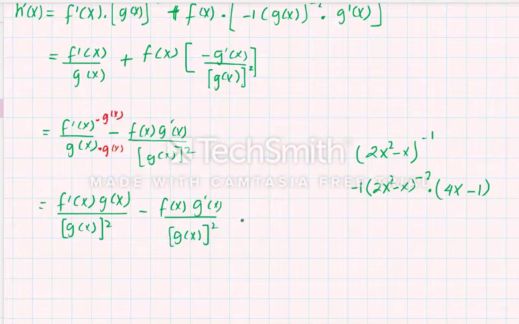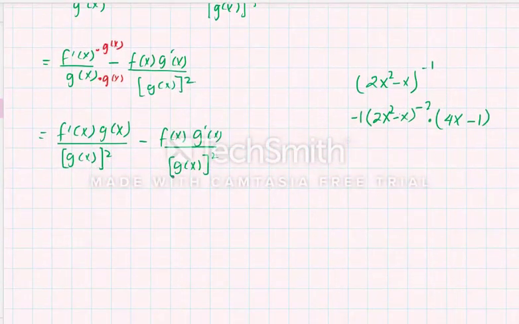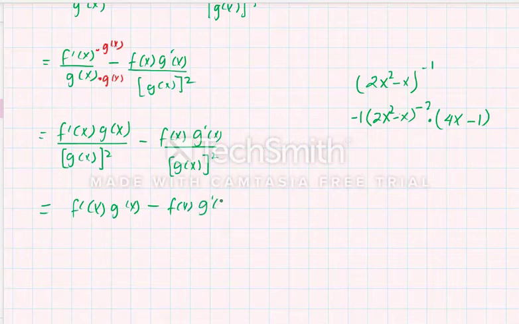Now there is no need to have this whole thing under two denominators. We can put them under this common denominator which we have produced. So f prime of x times g of x minus f of x g prime of x over g of x squared. And lo and behold, it is the quotient rule.